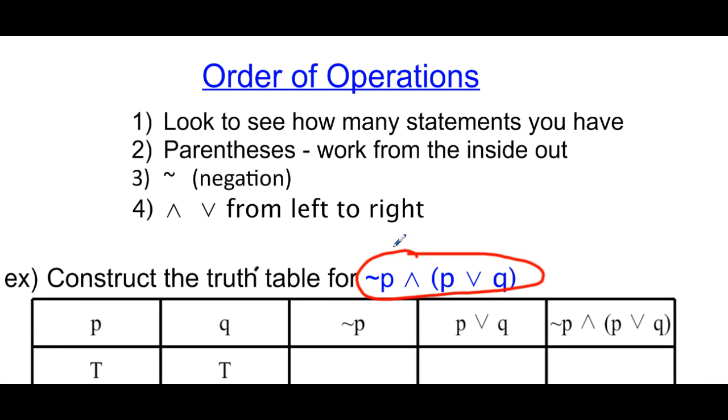What you want to do is look at how many statements that you have. Look to see if you have parentheses, all right? So work from the inside out. Do the negations and then work left to right, all right? Try to follow the steps. If not, try to pick it by piece, all right? That makes it a lot easier.